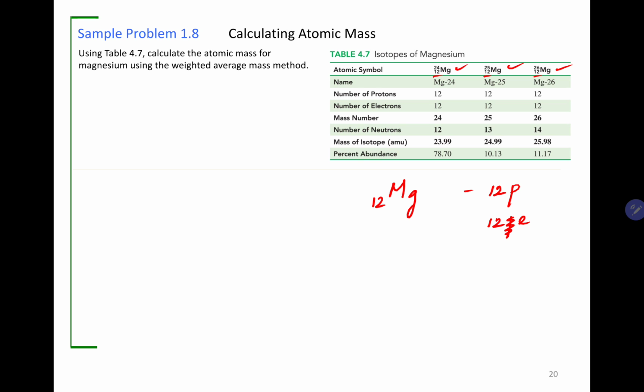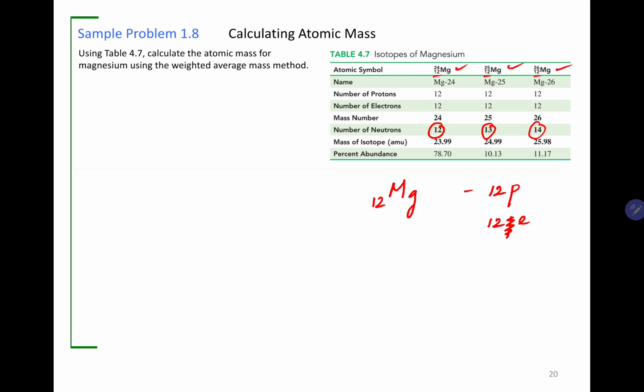Let's talk about the three isotopes. Their mass numbers must be different, and you can of course calculate the number of neutrons by subtracting the atomic number from the mass number. They are also nice enough to give us the mass of an isotope in AMU.